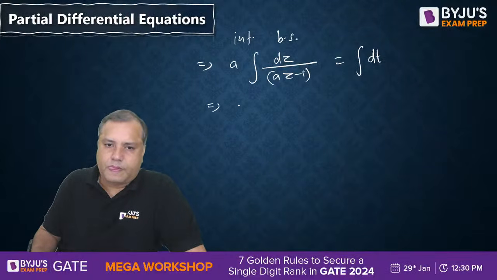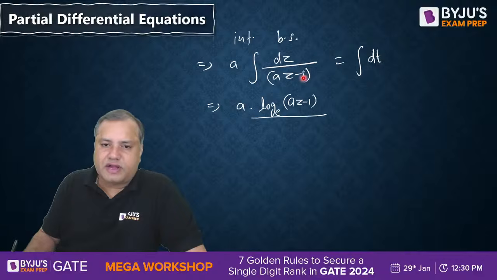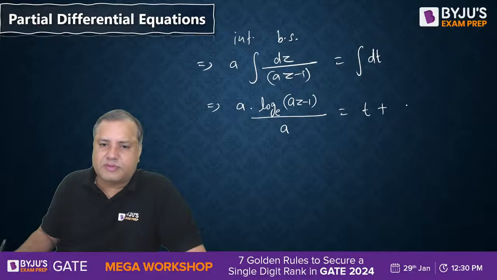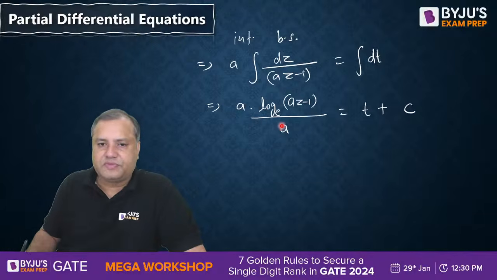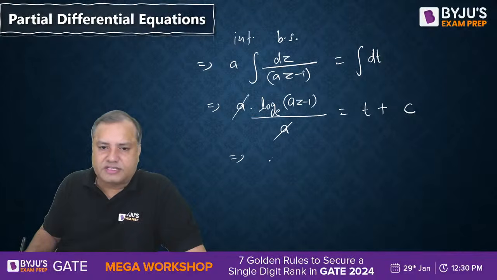Now integrate this. What will you get? Log of az minus 1 divided by the derivative of az minus 1, which will be a. Integration of dt will be t plus some constant c. So a cancelled. So log az minus 1.